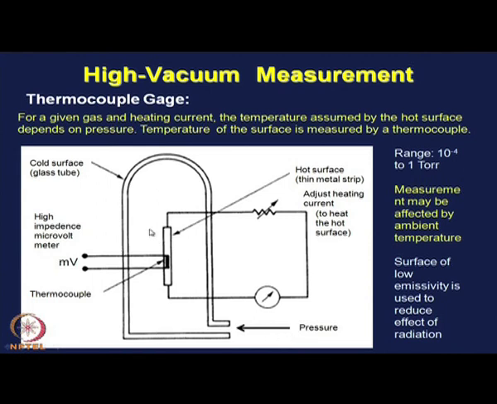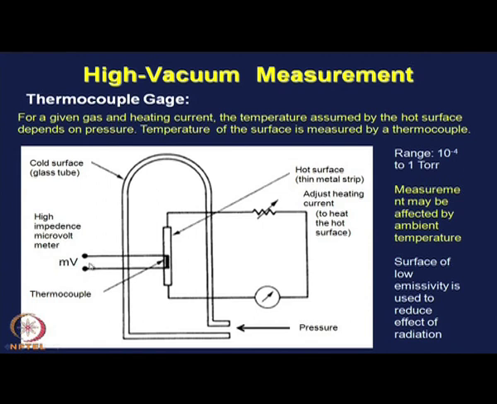Inside the glass tube, we have a thin metal strip which is heated by sending current through it. So, we can adjust the heating current to heat this metal strip at various temperatures, and the temperature of this metal strip is measured by a thermocouple.